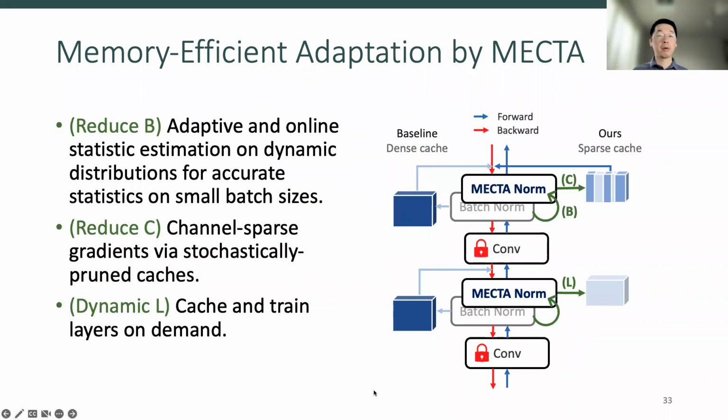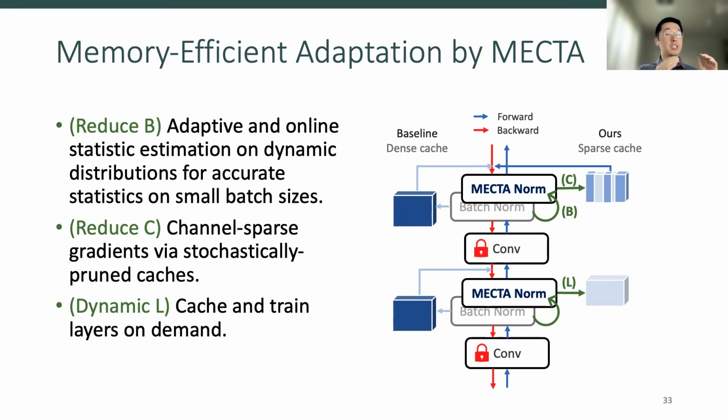So in summary, we propose three strategies to reduce the memory consumption in continual test-time adaptation. We reduce the batch size while maintaining accurate statistics using just a very small batch size. Also, we introduce channel-sparse gradients by stochastically pruning some channels.